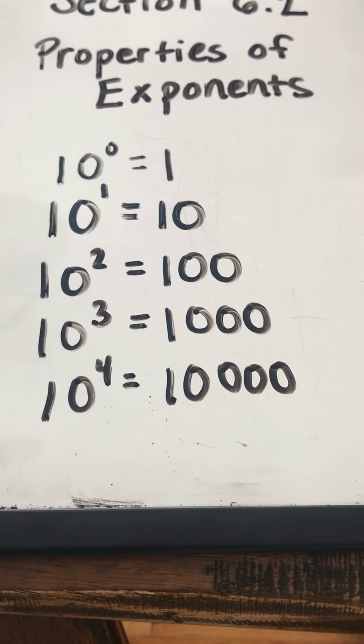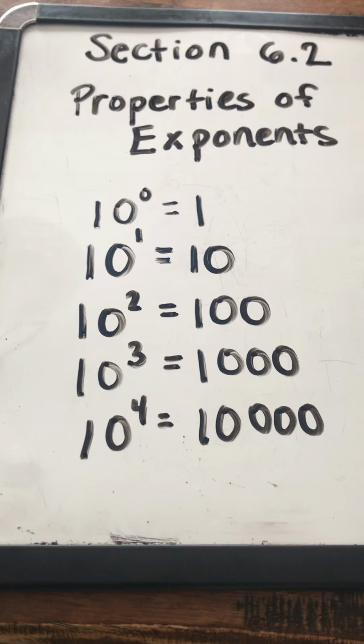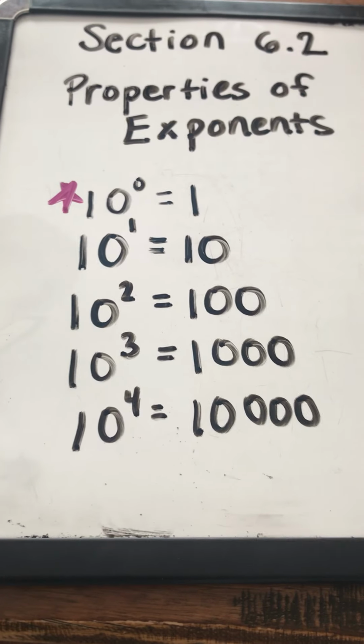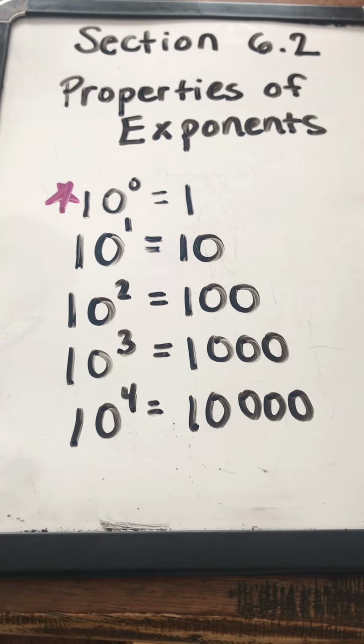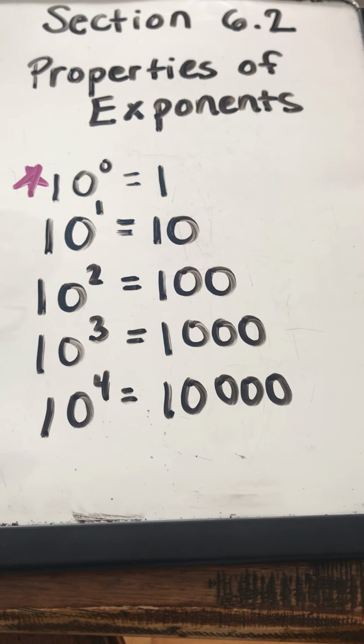It would just equal 1. So our very first property of exponents has to do with the 0 exponent. Anything with a power of 0 is going to equal 1.